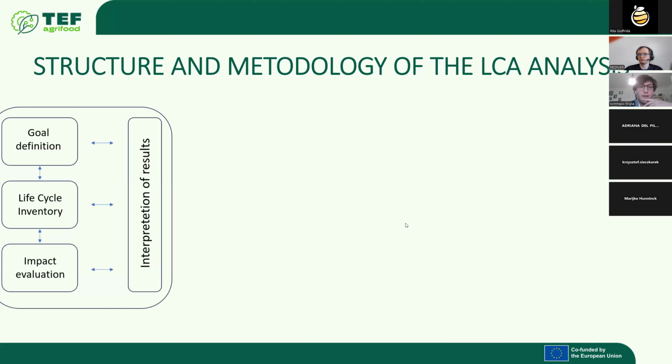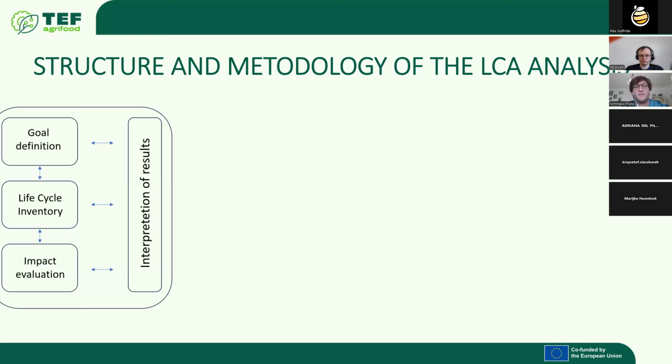The second step of the methodology is the life cycle inventory, and this is a very important phase where we need to become like little Sherlock Holmes and collect all the possible information about the data of inputs and outputs of both the system and the environment of all the stages that compose the process.